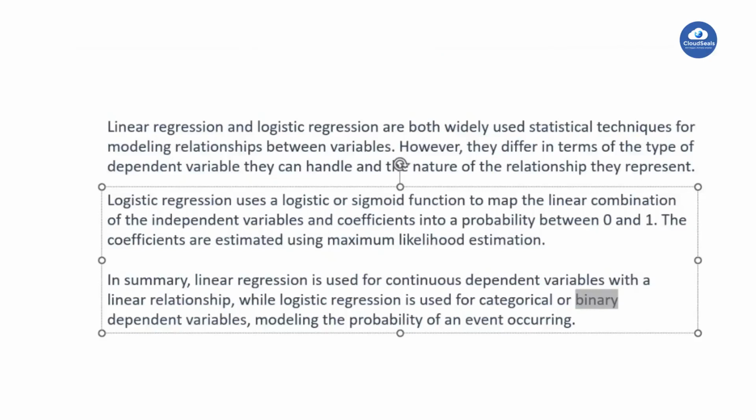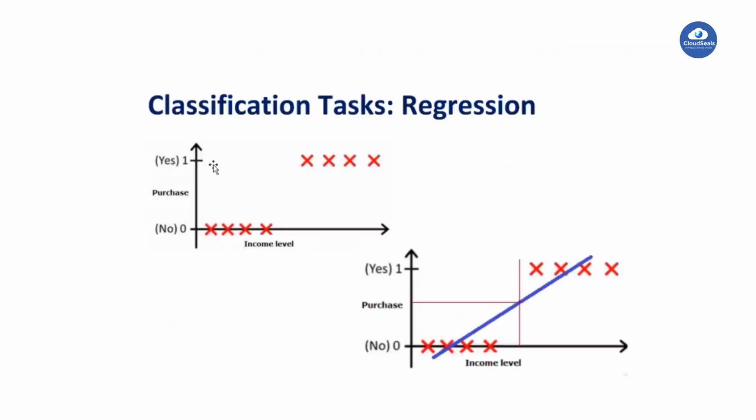Why won't we use linear regression for this categorical data? What will happen if we use linear regression on this categorical data? Let's say a classification task, for example, which are spam mails: these are the ones equal to 1. Which are non-spam mails: that means equal to 0. Try to fit linear regression.